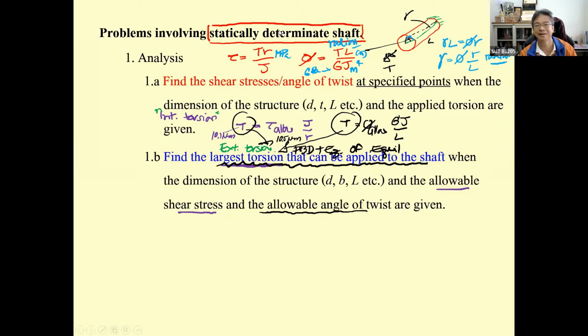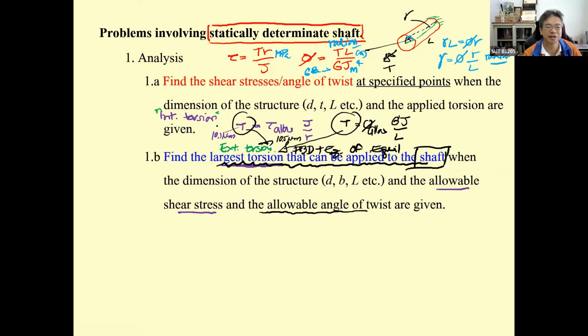Which one? If you do the calculation, okay, T is going to be the smaller one, even though they asked us the largest. Because the torsion applied to the shaft will be increased from 0, 5, 6, 7, 8, 9, 10, 10.1.